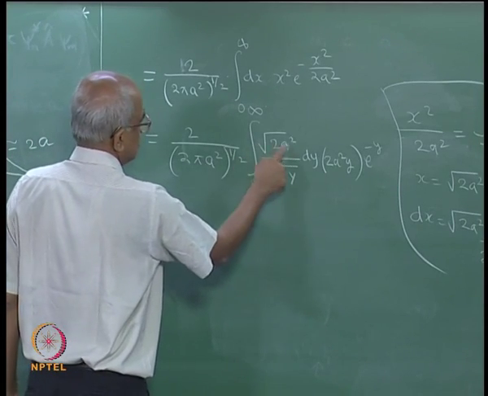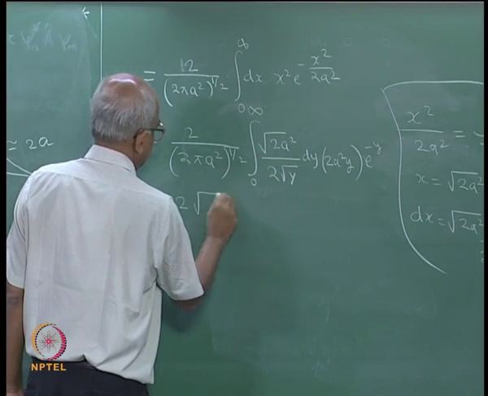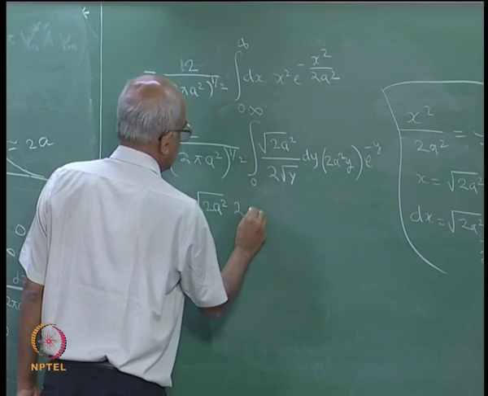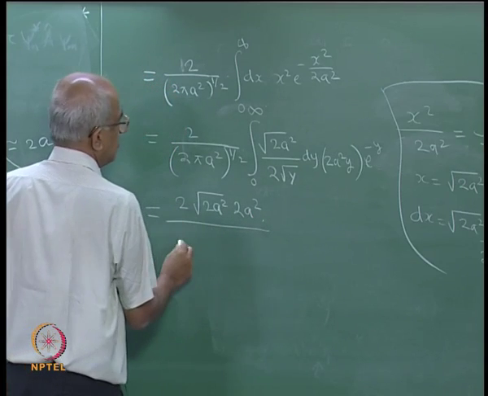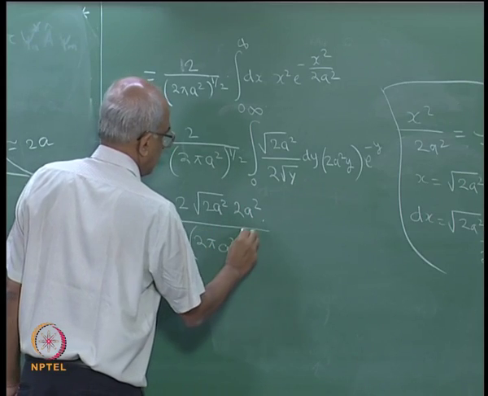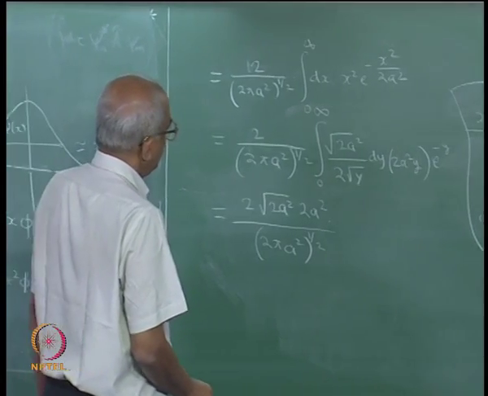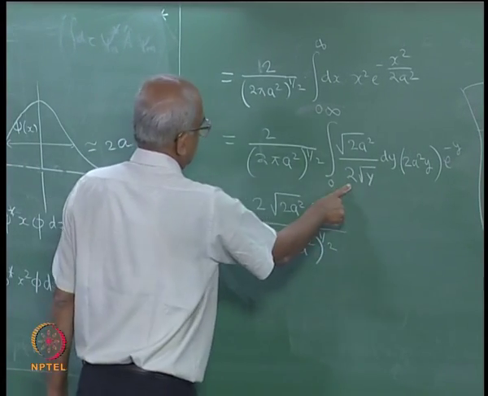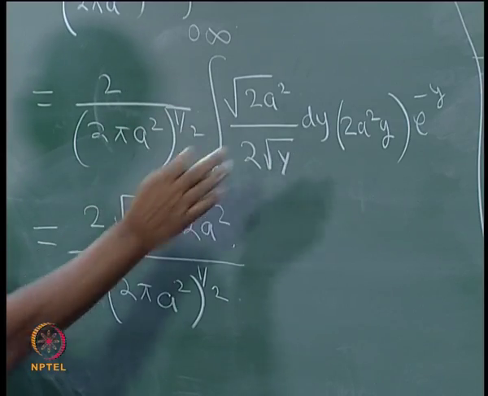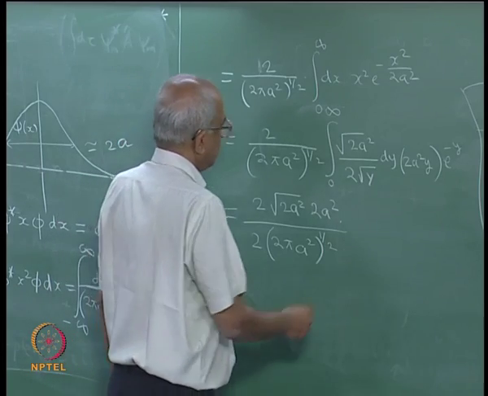So, if I took this square root of 2 a square out, there is another 2 a square. This 2 also, please watch carefully, I would not want to miss any 2 or anything. So, this 2 also I have to take out, and then what will happen?